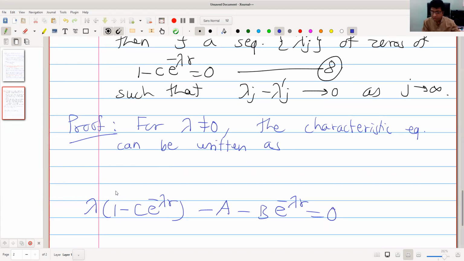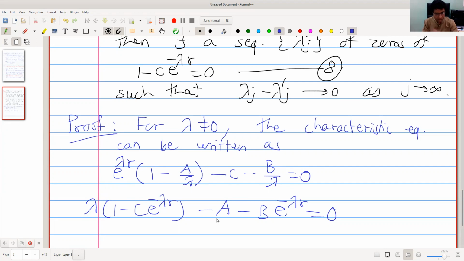So we divide by lambda and multiply by e raised to lambda r, and rearrange the terms. We are dividing by lambda, so it is a by lambda.